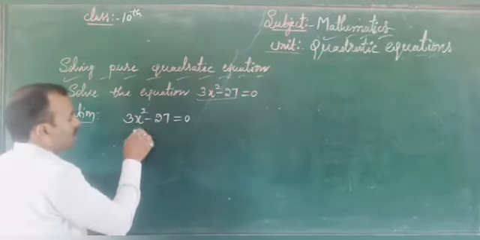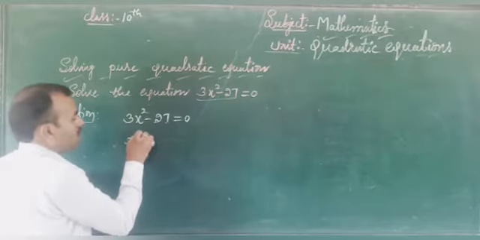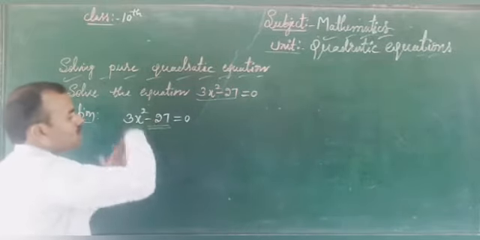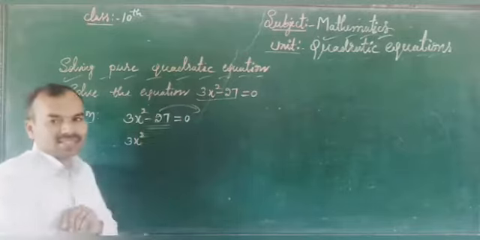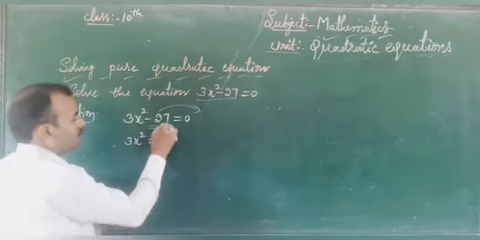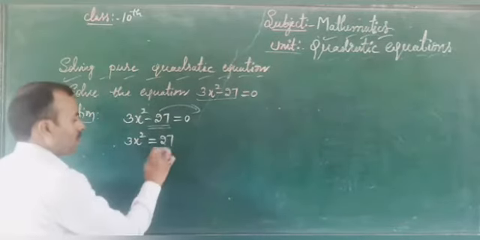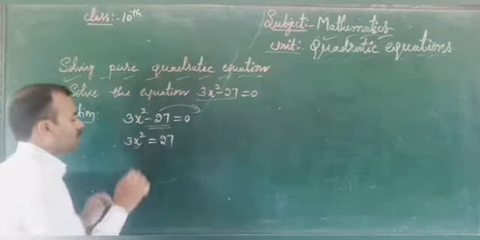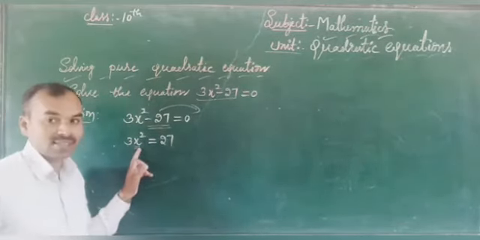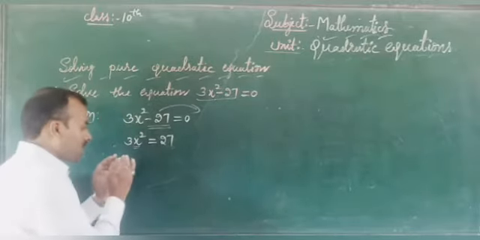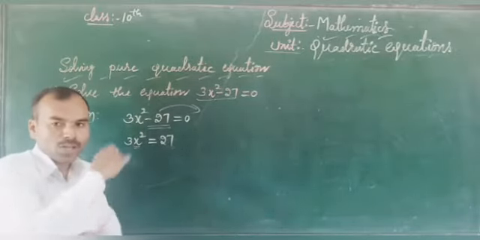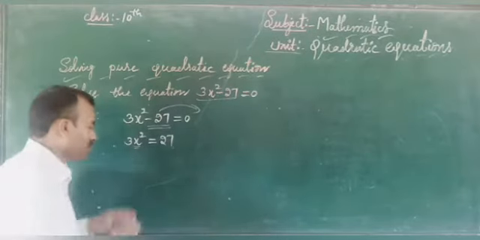Now, in the next step, just transpose minus 27 into the RHS. It becomes plus 27. Okay, next, we solve for x. So, except x, we transpose the remaining things.